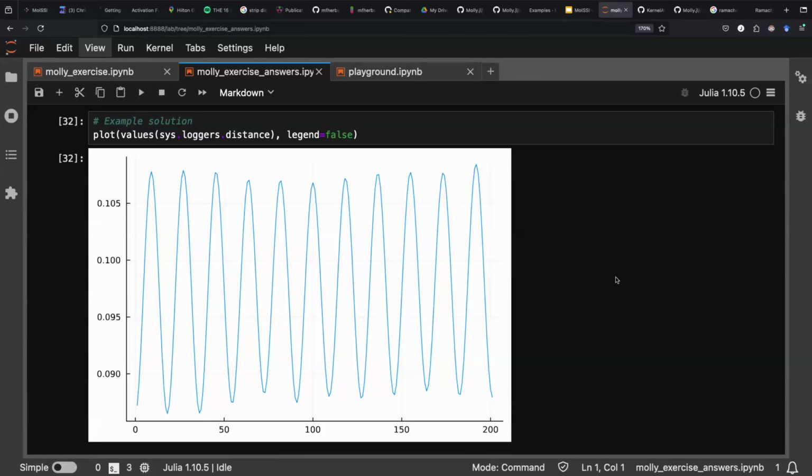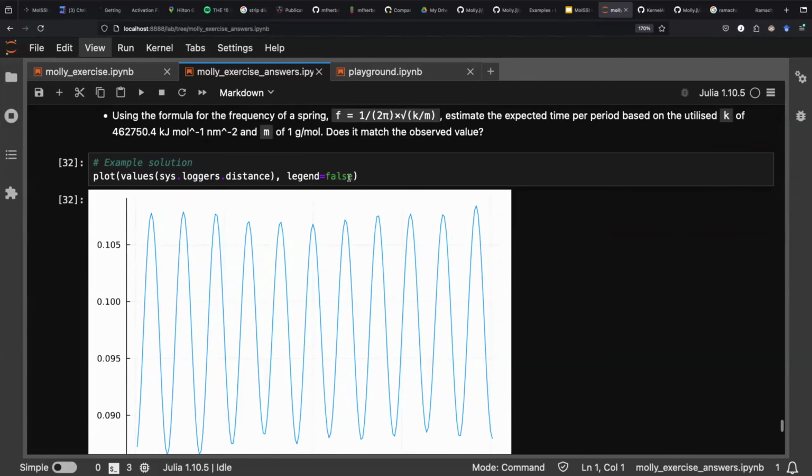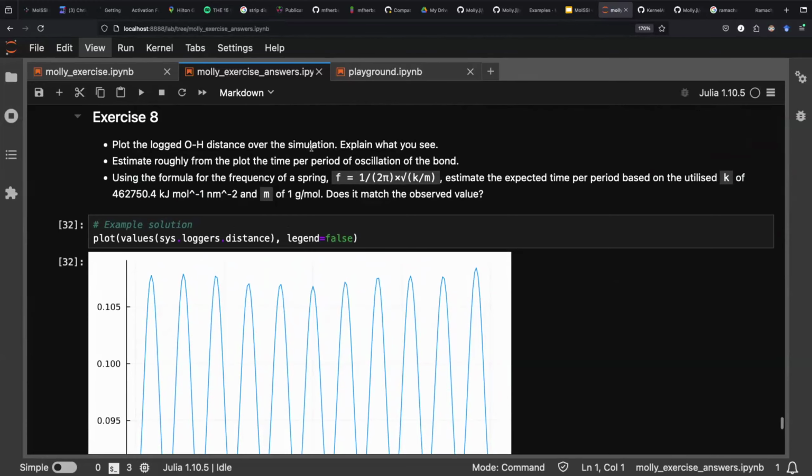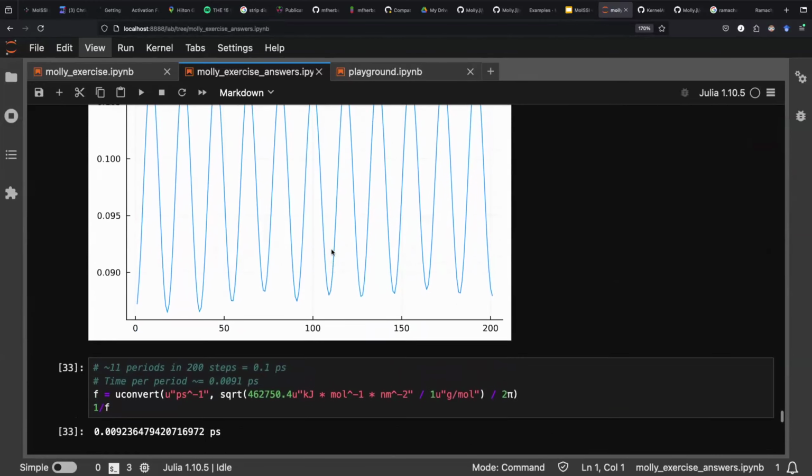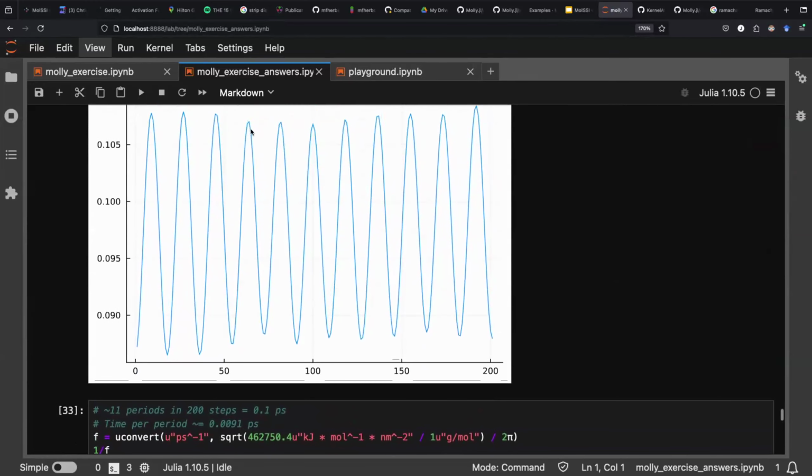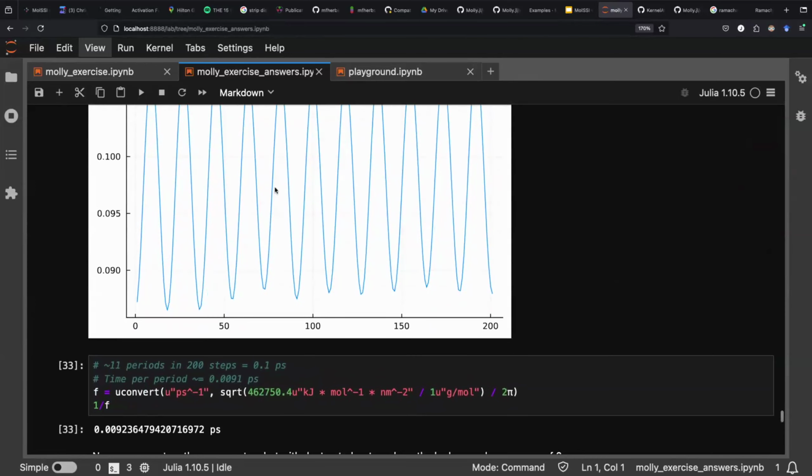But you'll see there are slight differences at the top here because it's not just one molecule floating around, it's also interacting with everything else. So estimate roughly from the plot the time per period. Well, if you measure it with a ruler or something, it's roughly 9 femtoseconds.